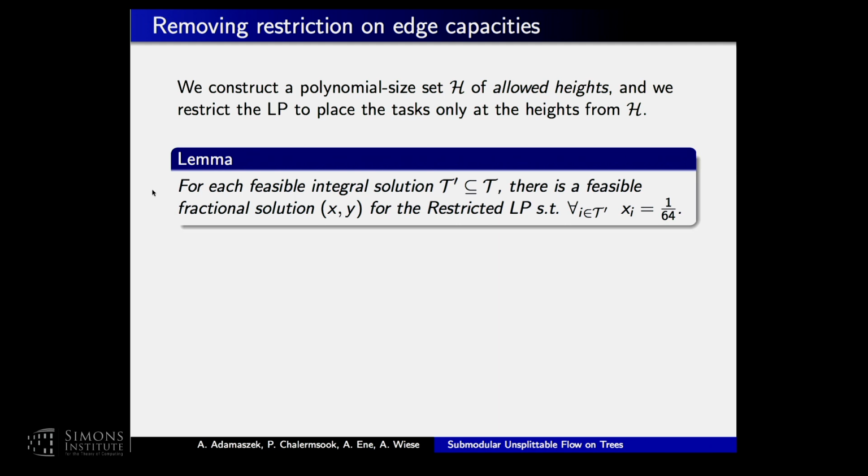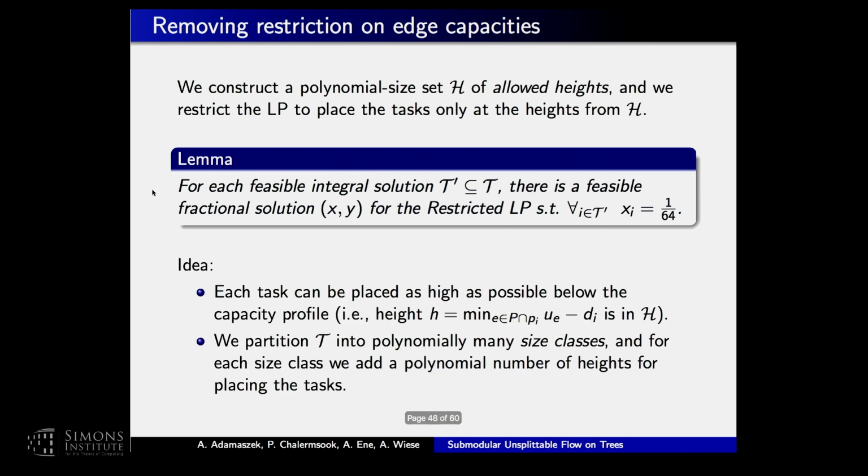But we can show here that if we restrict ourselves to some carefully chosen polynomial set of heights, then we still get a solution which will only be worse by a constant fraction from the optimal solution. And here I don't want to go into the details. It's quite technical. So essentially, we only choose a polynomial number of heights, and then we say that there's a close to optimal solution, which only puts the rectangles at the given heights.